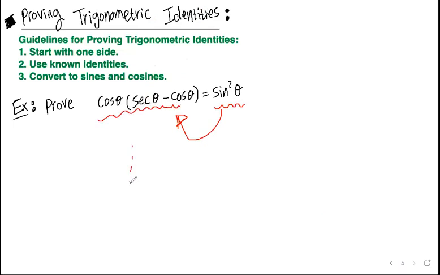Then I simplify it until I arrive in the end at sine squared of theta. When I arrive at this point, it means I proved this expression.